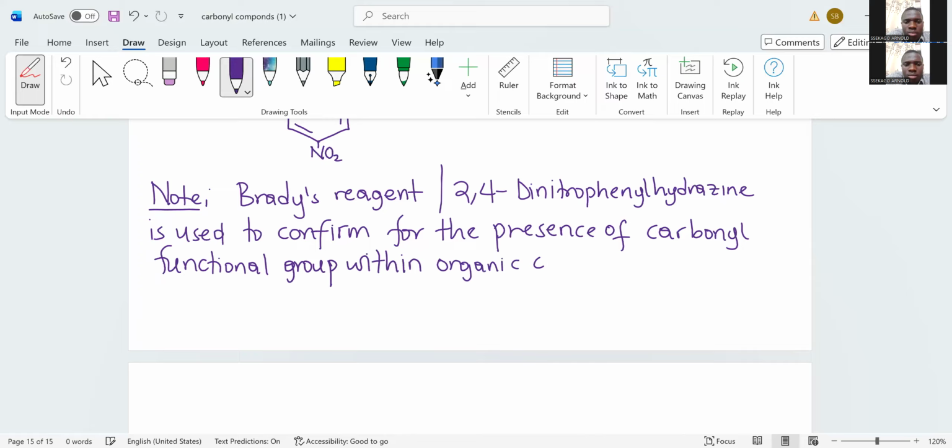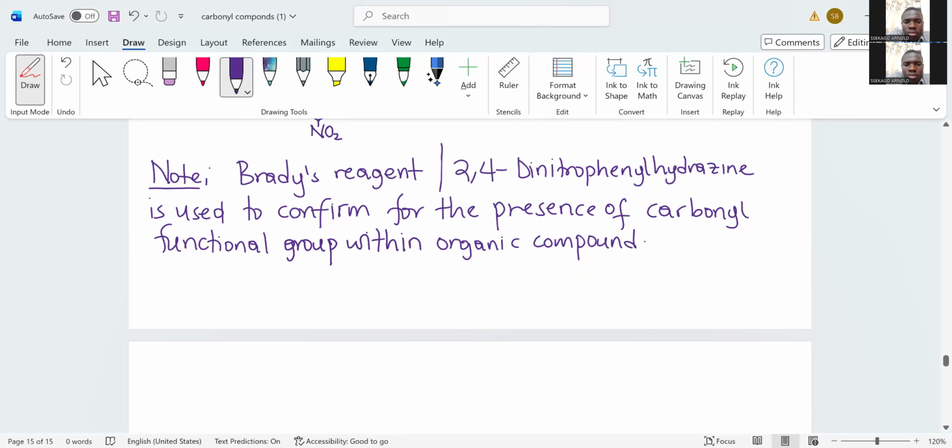That's why I was saying that you shouldn't forget it. It is used to confirm for the presence of carbonyl functional group within organic compounds.